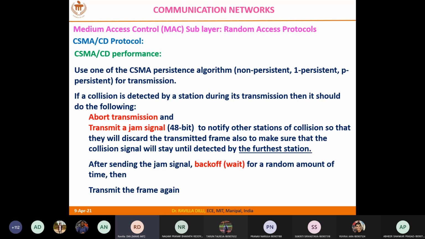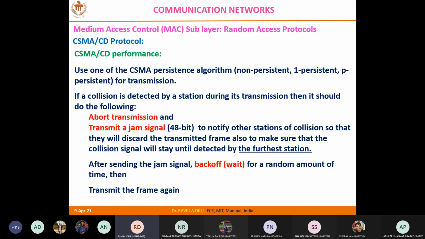So what you should do: using the CSMA component, you start your frame transmission and also listen to others, so that you come to know whether your frame bits are getting collided with other frame bits or not. If they are, you immediately stop your transmission, abort it, and generate a jamming signal and circulate it in the network.